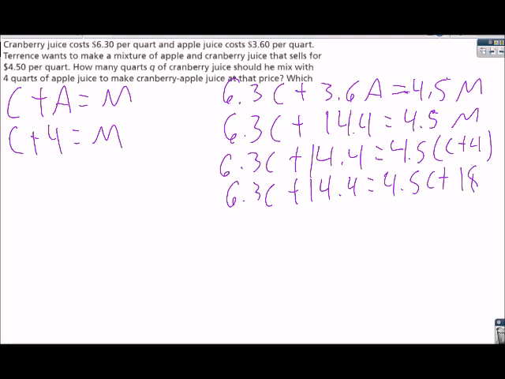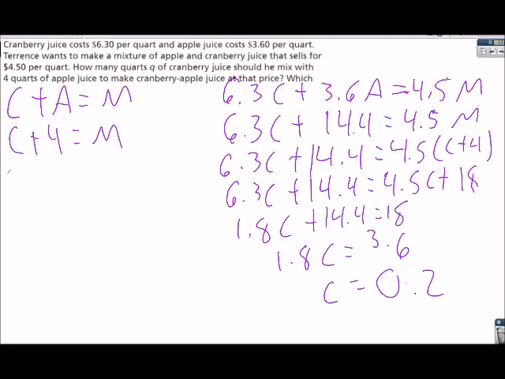And then all we have to do is solve for C now. We know what C is. Our total mixture is going to be 4.2 quarts to equal our mixture. And that makes sense that cranberry juice is so small, because at $6 we're trying to get down to 4. We have to add very, very little of this and a lot of the cheaper item.